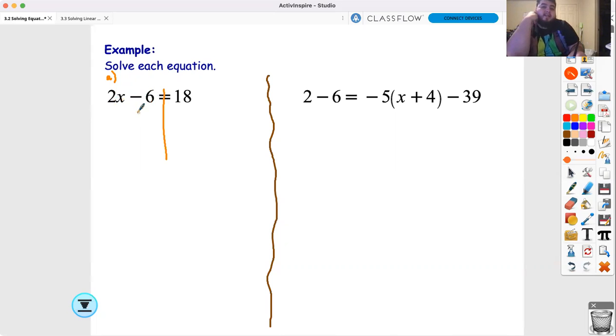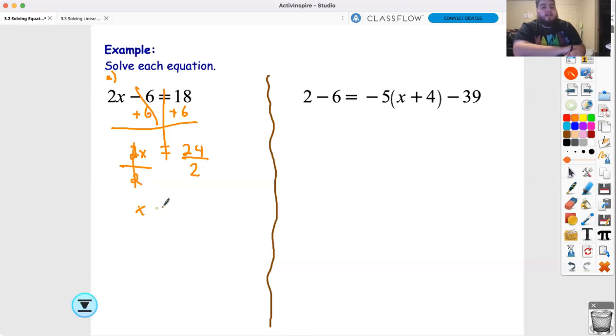The opposite of -6 is +6, and what we do to one side, we do to the other. So this goes away, the 2x comes down, and 18 plus 6 is 24. Now, remember, a number and variable are being multiplied when they're next to each other. So the opposite of multiplication is division, and what we do to one side, we must do to the other. The twos cancel out, so I get x equals 12. And we're done.